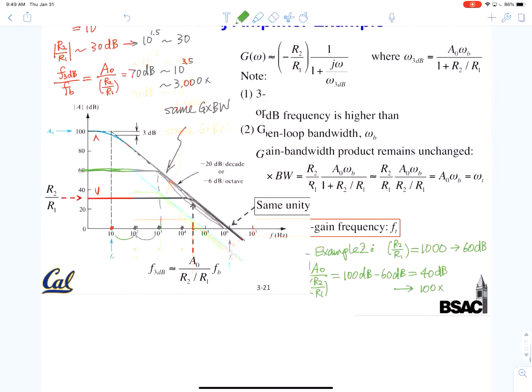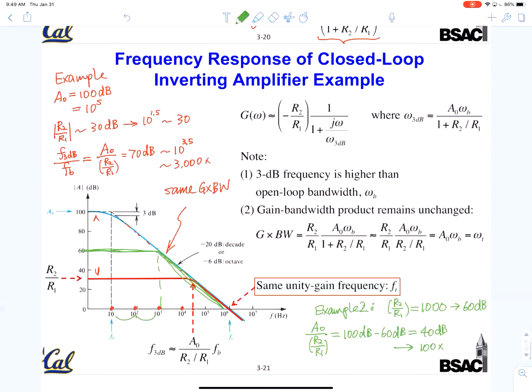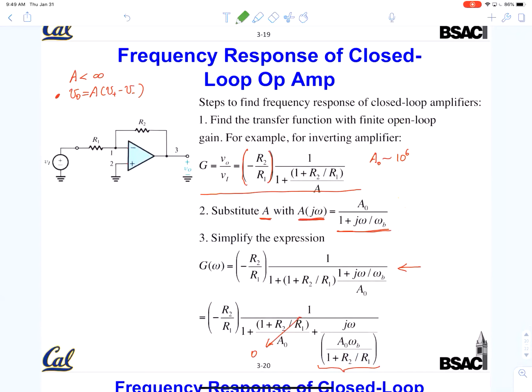Okay, so that completes our discussion of the finite gain, finite bandwidth of the op-amp. Any questions so far? Through the discussions, we have utilized the concept of feedback. This example of the inverting amplifier is actually one special form of feedback, and we have presented a more general framework for feedback.